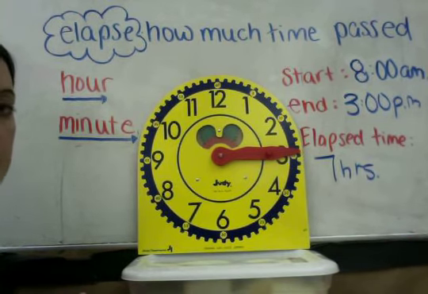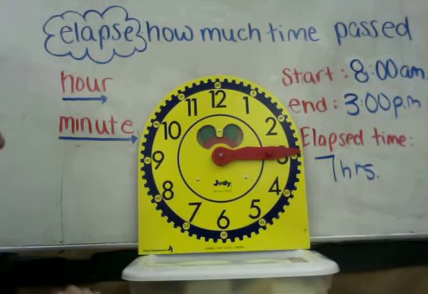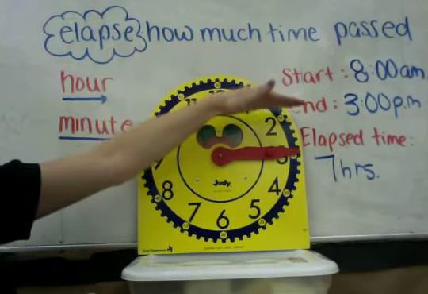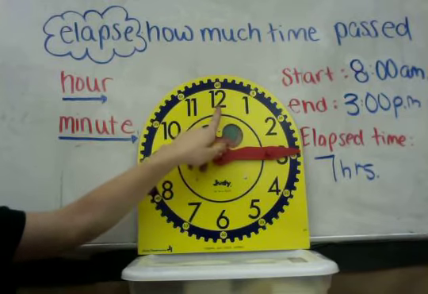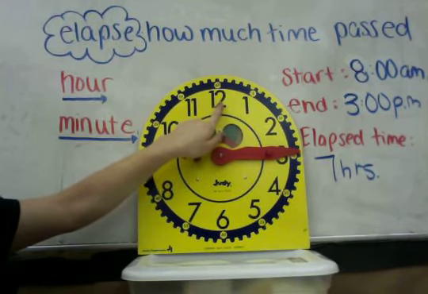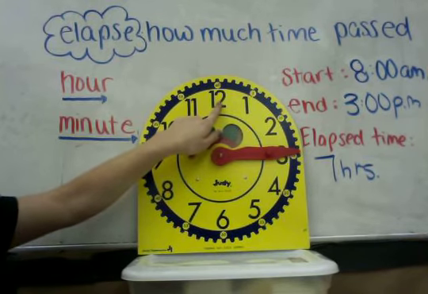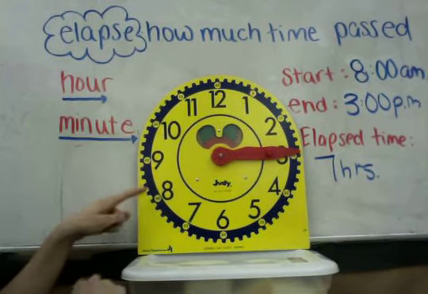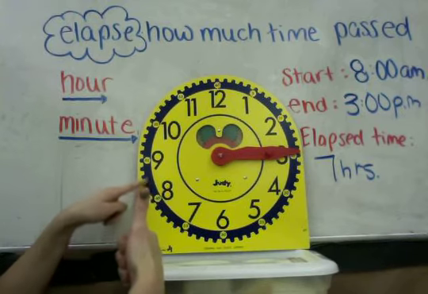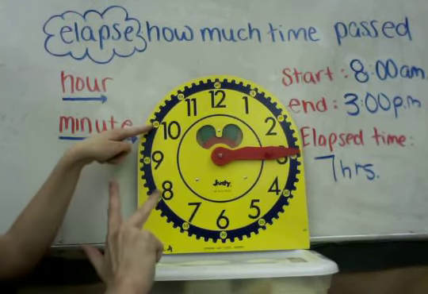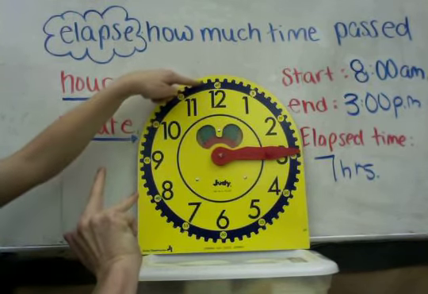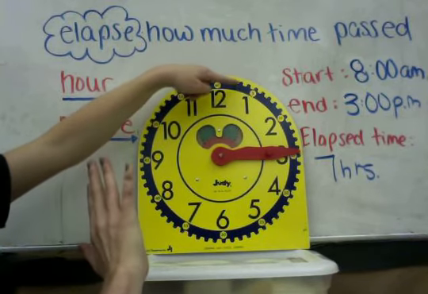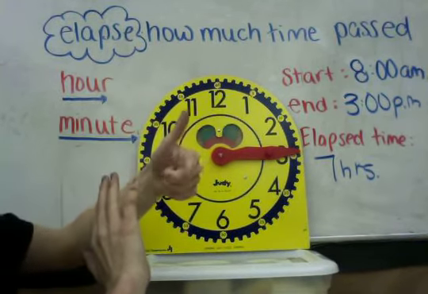Now we could have easily counted that on our fingers too, starting at 8 and ending at 3, but you need to remember that our numbers here stop at 12. So we would have to count 8, 9, 10, 11, 12, 1, 2, 3.